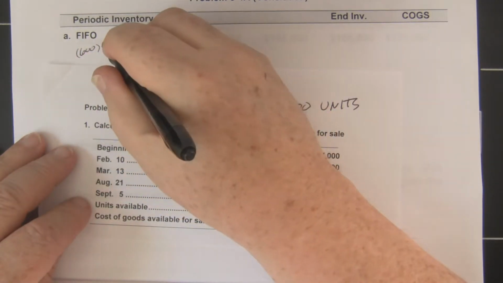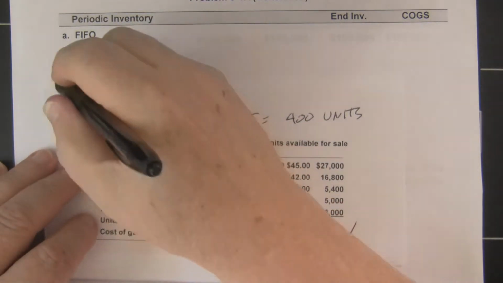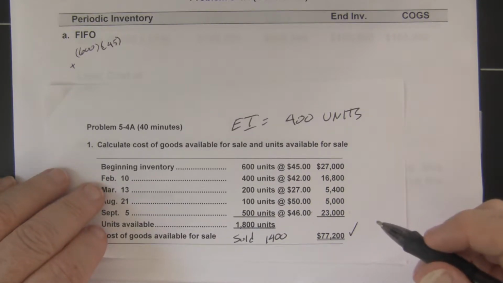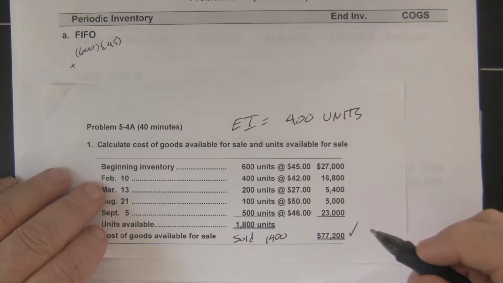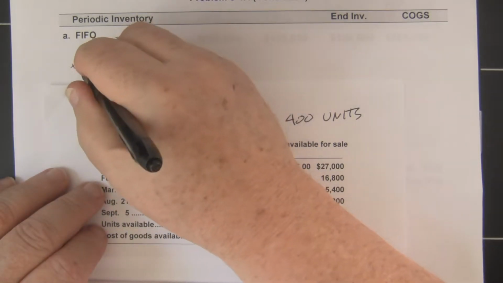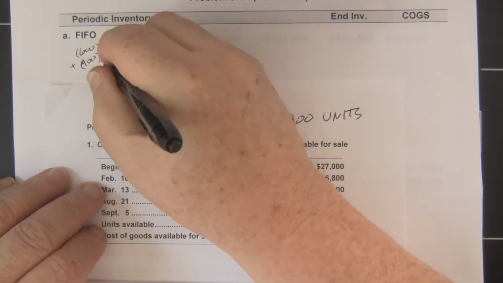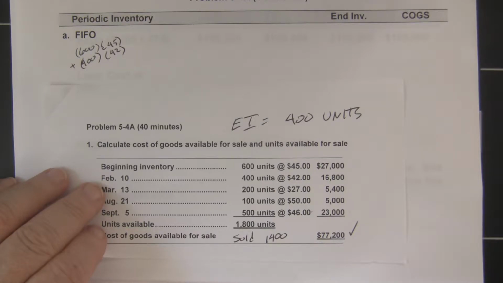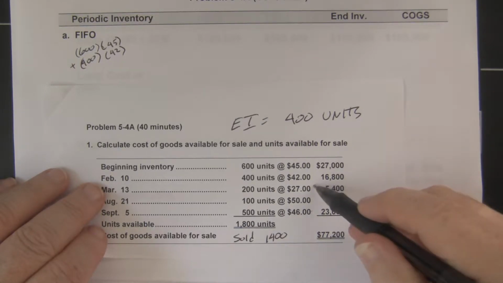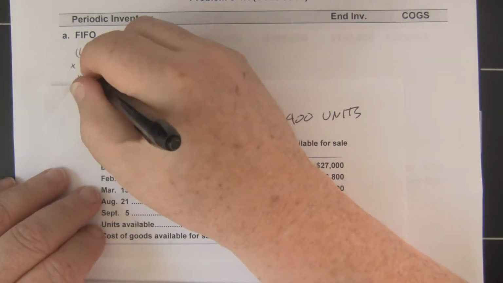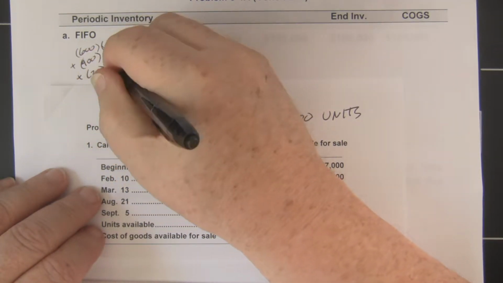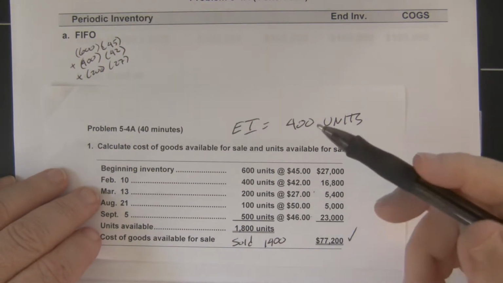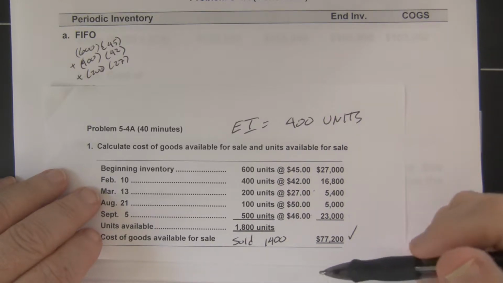We also have under FIFO for units sold, cost of goods sold, 400 units at $42. We also have 200 units at $27. Remember, FIFO, we're selling the oldest stuff first. We're keeping the newest stuff.